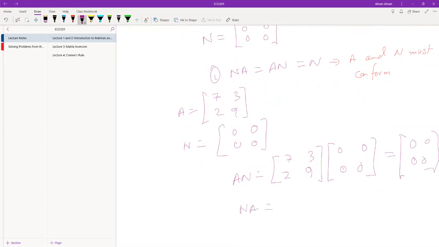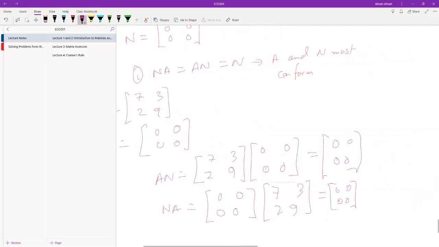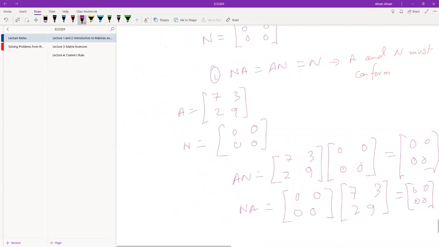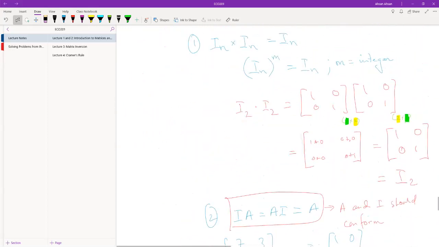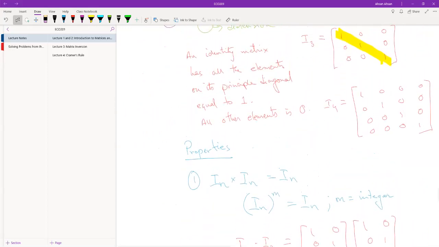And if we do this, once again, this is what we get. So effectively, whenever we pre-multiply or post-multiply the null matrix with something else, we always end up with the null matrix itself. And that's the third type of matrix we're going to talk about.